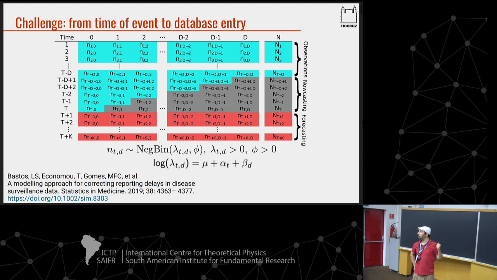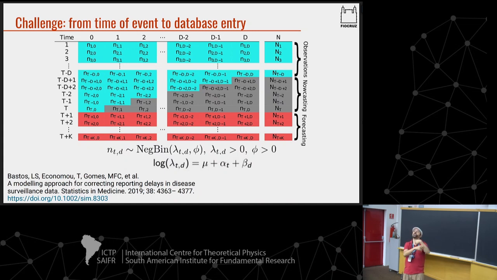Now, the red rows are the future already, not only in terms of information flow, but in terms of what actually happens, because this is what will happen in the following weeks. So estimating the gray triangle is what we call nowcasting, because we are doing a projection about what already happened but hasn't, as of yet, been reported.